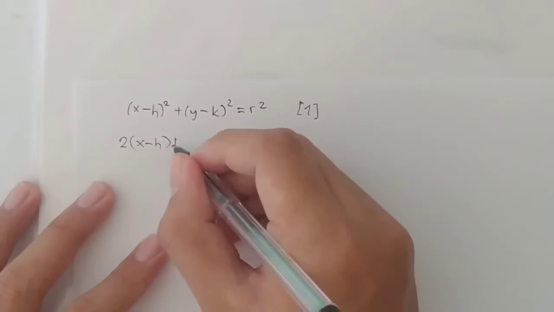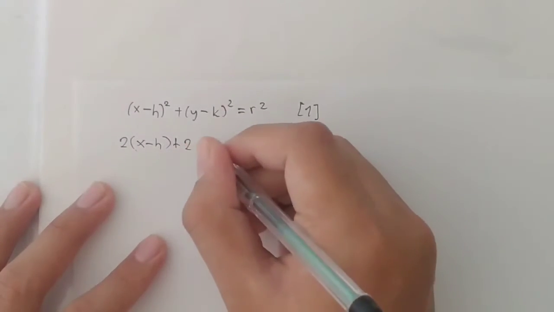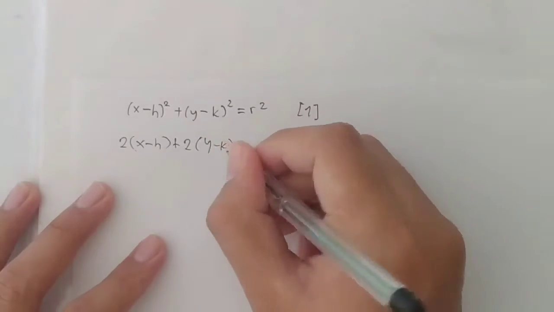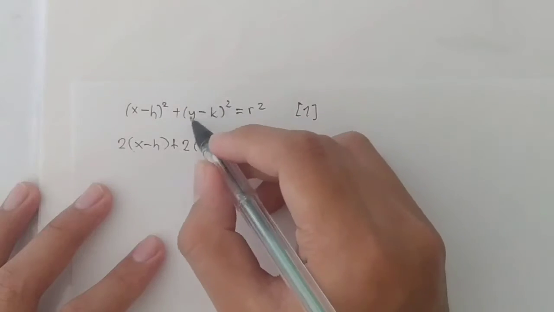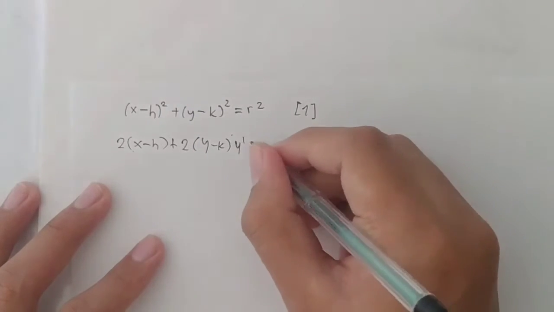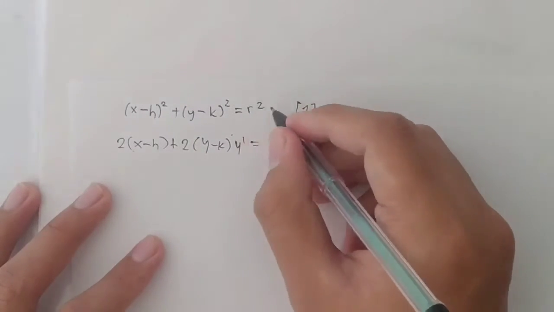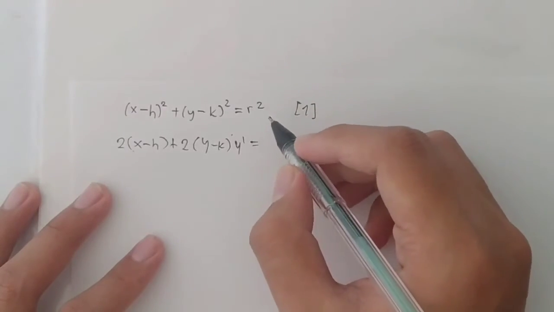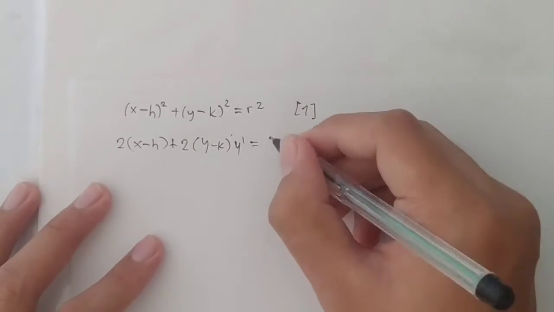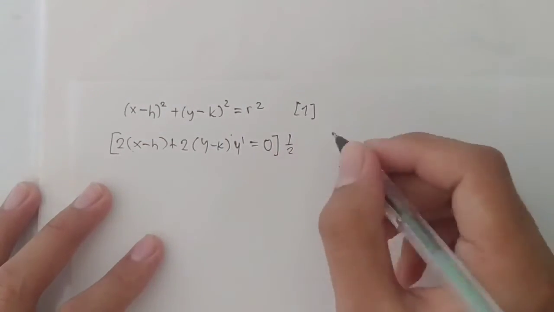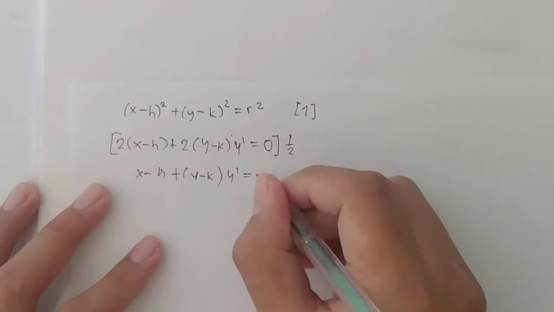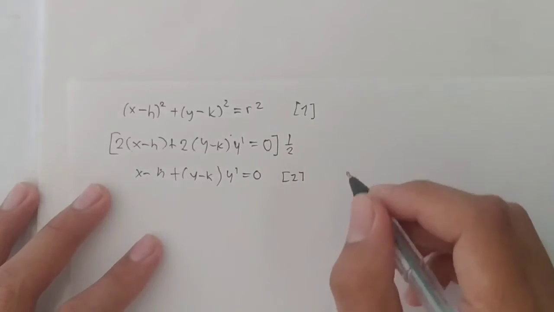Then 2 times (y - k) to the exponent 1, and the derivative of this is y prime, equals the derivative of r squared, which is a constant but not an arbitrary constant, so this is 0. We can multiply it by 1/2. This is our equation 2.